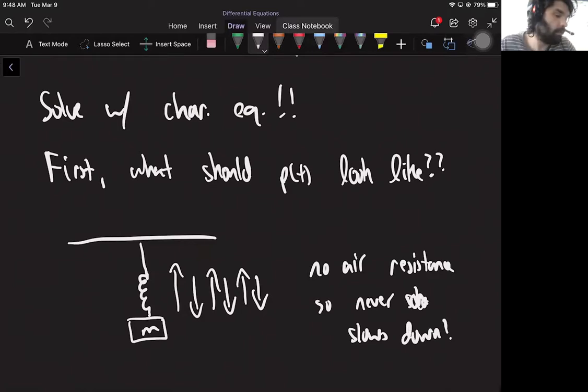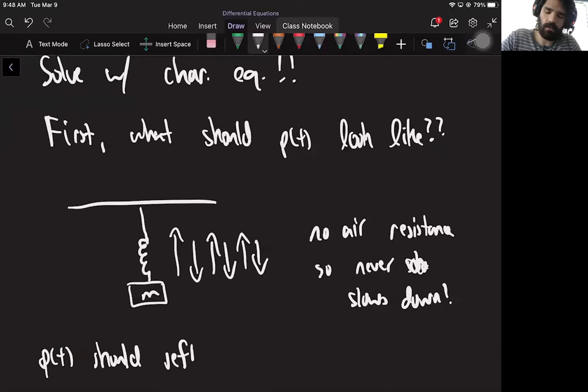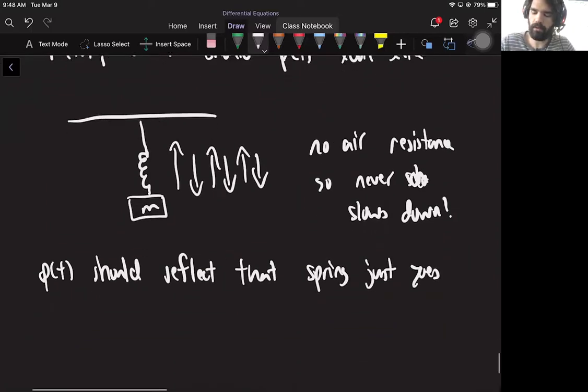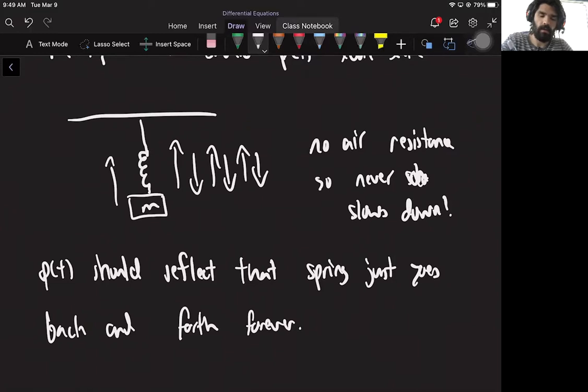And so P of T should reflect the fact that the spring just goes back and forth forever. So it goes up to some position and then it'll go down to some other position and so on forever, never slowing down, never speeding up or anything like that. And that's what will happen.